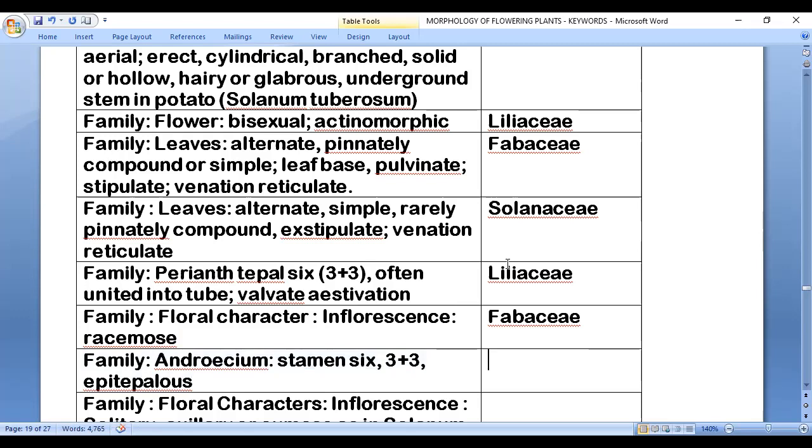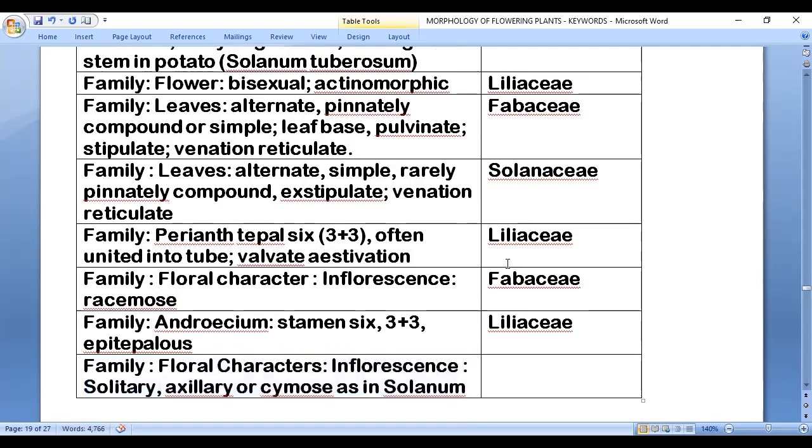Androecium, stamens 6, 3 plus 3, epipetalous, Liliaceae.